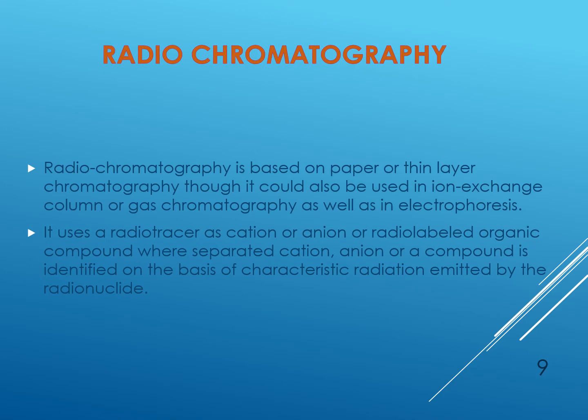Thus, any chromatographic separation can be carried out using radio tracers. However, no developer, chromogenic reagent or detector is used to study the movement of the initial spot except nuclear counting equipment or autoradiography. In this way, the distribution of activity is measured, which increases the sensitivity of the measurement severalfold.